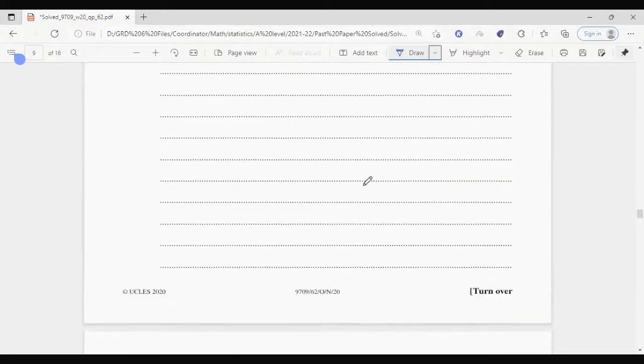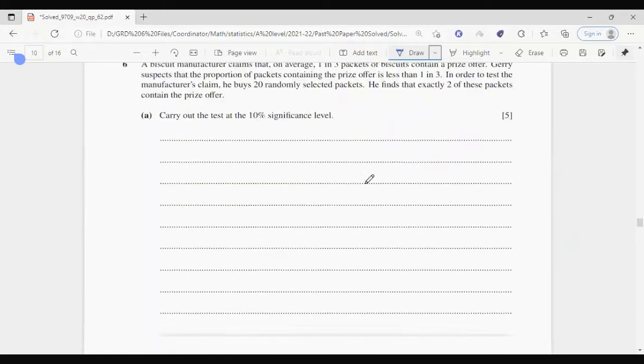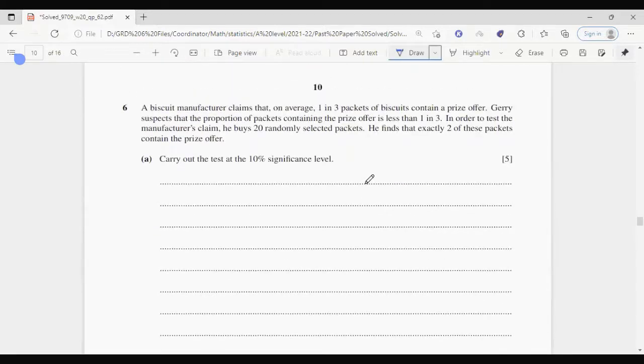All right, let's move on to the next question, number 6. A biscuit manufacturer claims that on average 1 in 3 packets of biscuits contain a prize offer. A jury suspects that the proportion of packets containing the prize offer is less than 1 in 3. In order to test the manufacturer's claim, he buys 20 randomly selected packets. He finds that exactly 2 of these packets contain the prize offer.